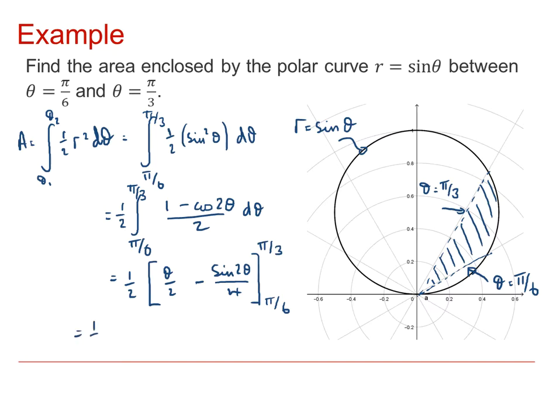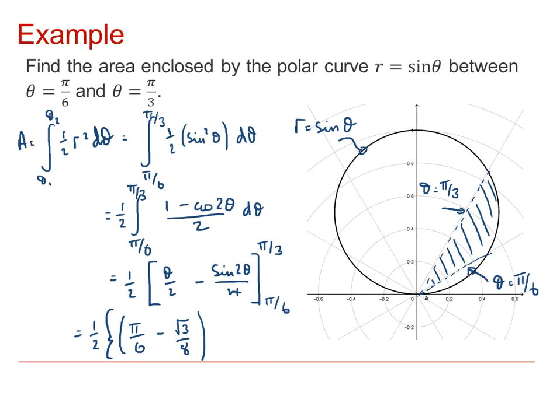So we've got a half outside a bracket, and then substituting the value pi by 3 first of all, we get pi by 6, and then minus, we've got sine of 2 pi by 3, so that is root 3 over 2. We're dividing that by 4, so in total root 3 divided by 8.